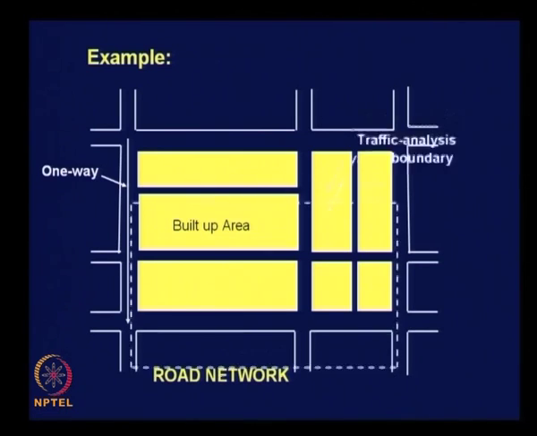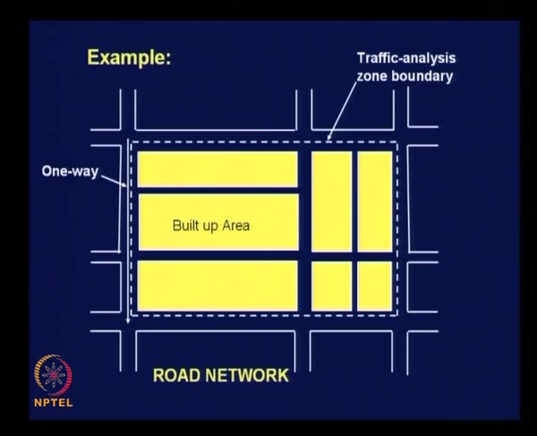Let us say this is the traffic analysis zone boundary, the dotted line indicates the zone boundary, isn't it? That is how you can fix the boundary obviously, right. You cannot just make the boundary line cross the yellow colored portion. Boundaries can be only obviously along the roads, isn't it?